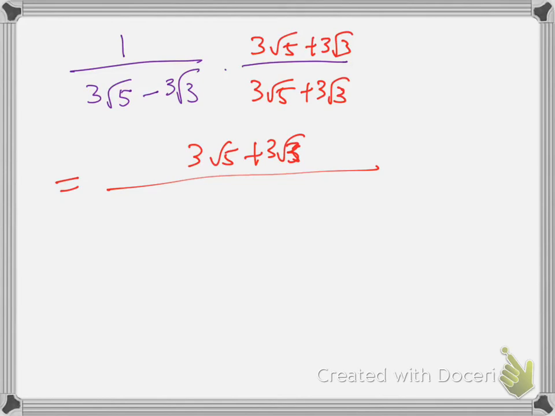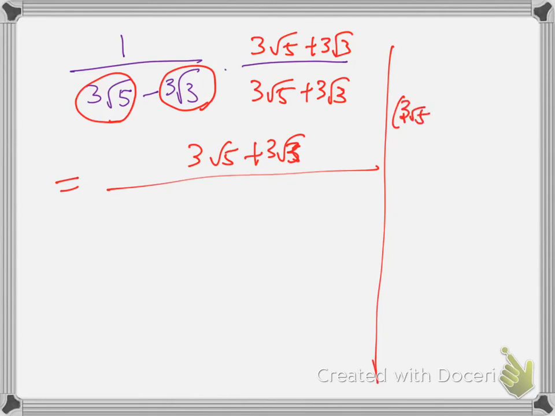For the denominator, you try to follow your method. Basically, what will stay here is this thing squared minus the second term squared. Let's check it. 3 radical 5 minus 3 radical 3, times 3 radical 5 plus 3 radical 3.